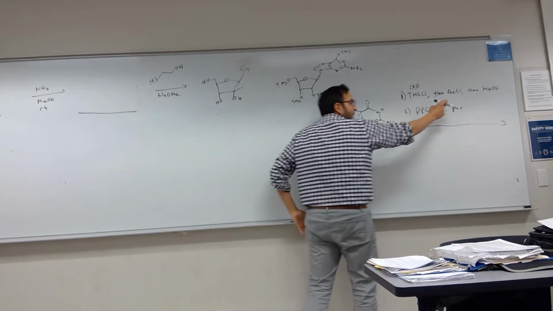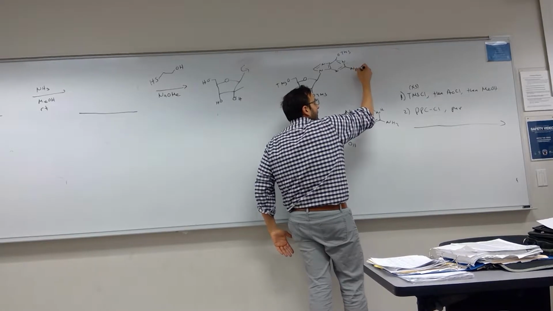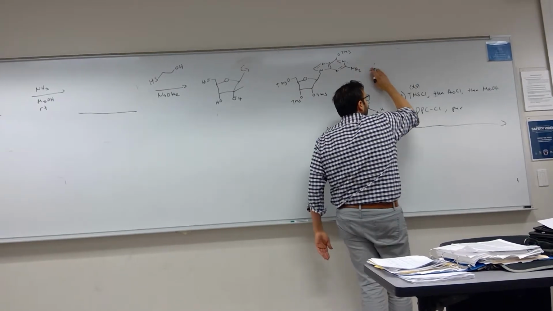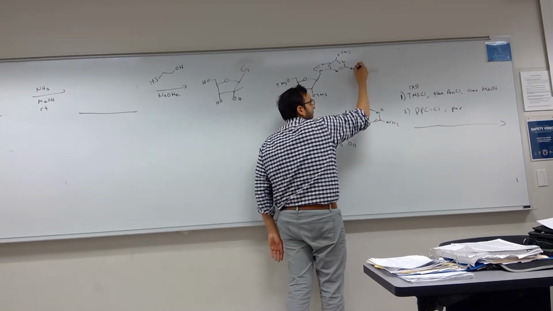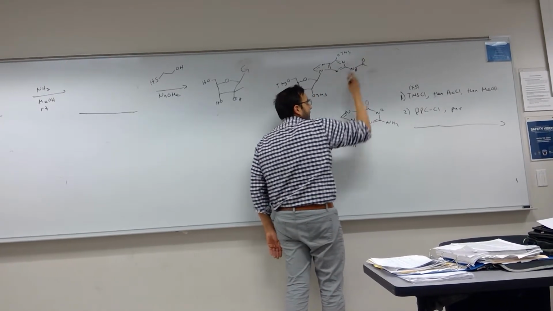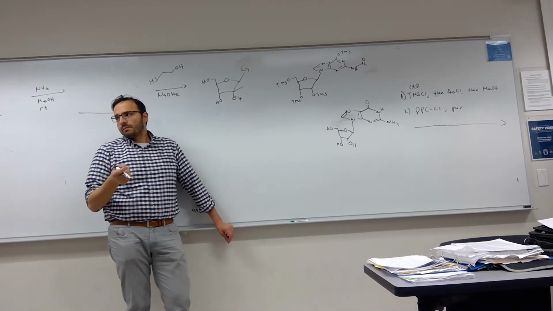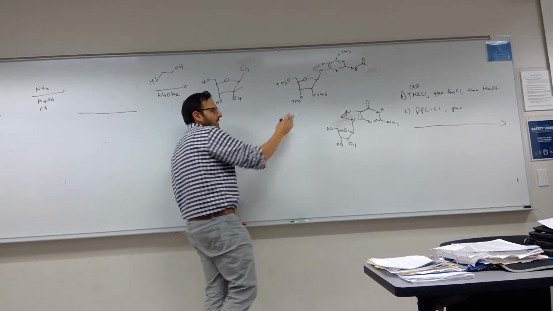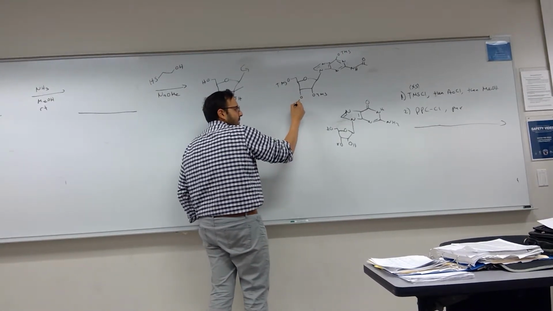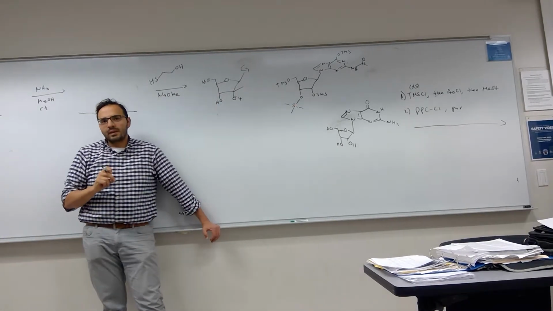The next step, you add your acetic chloride. Everybody got that? Then you add methanol. Basically, you have to do it cool. All of these bonds, the TMS groups, are very labile.